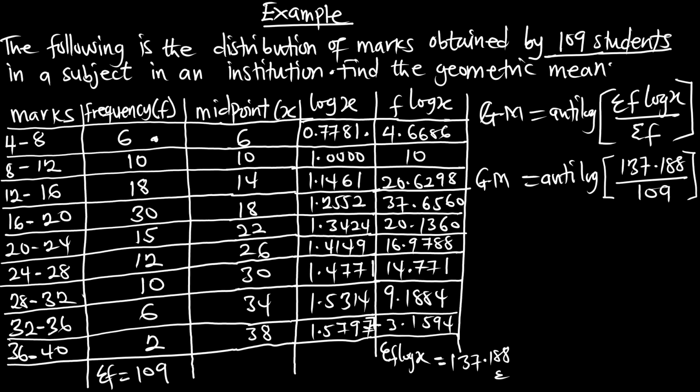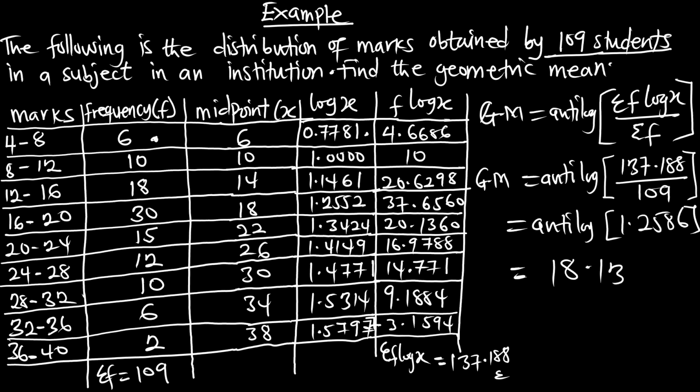This is antilog of 1.2586, and this is going to give you 18.1387. Are we okay? This is our geometric mean. So once you go through the approach and know your formula, you'll be able to come out successful.